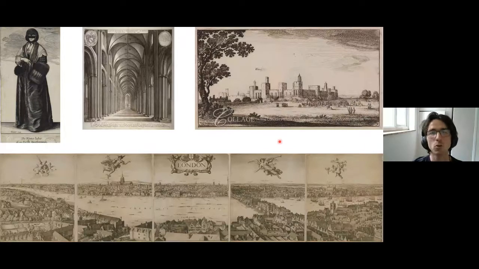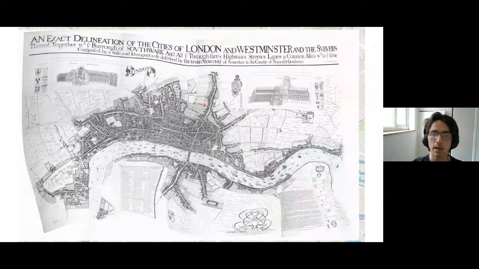So this is the New Court and Fairthorne map, and like our previous map, it has the bird's eye view, combining an accurate street plan with some description of individual buildings as well. And you can see that included on this image are St Peter's Westminster, so Westminster Abbey, and St Paul's Cathedral without its spire once again.